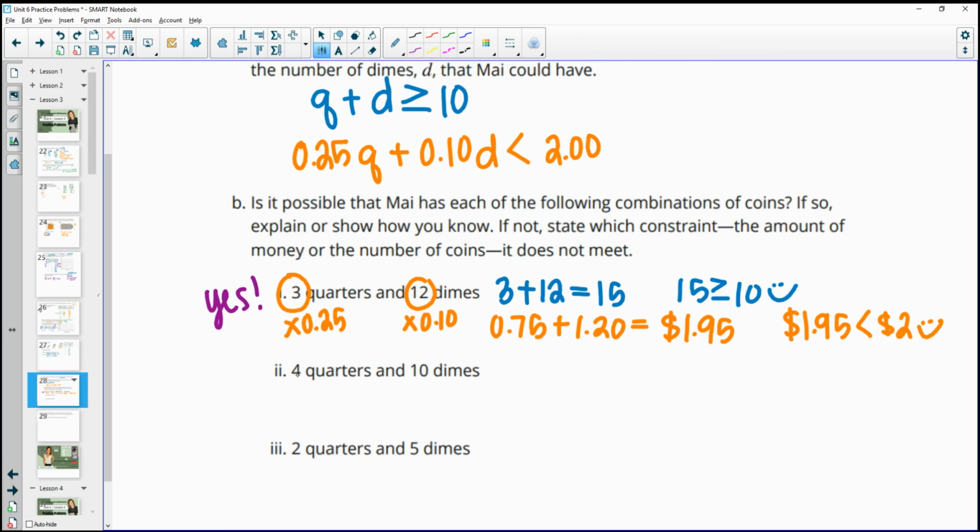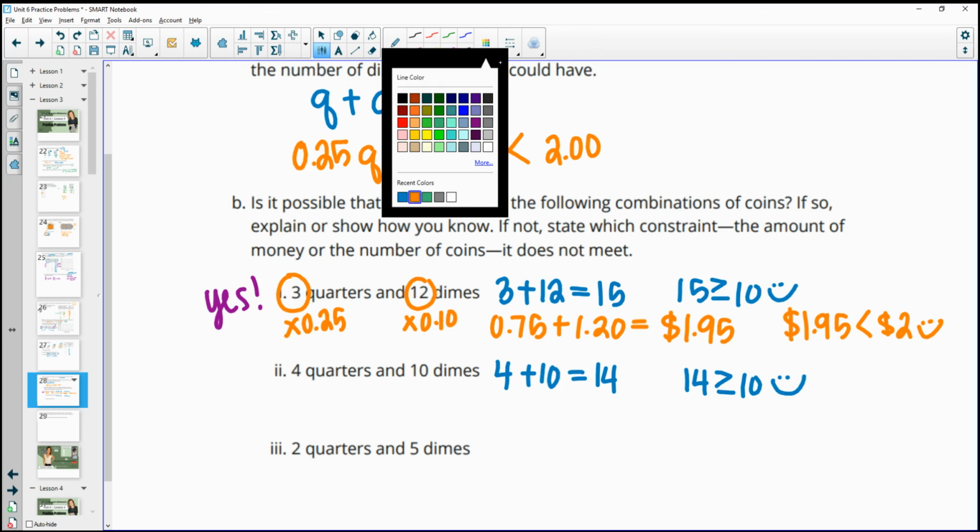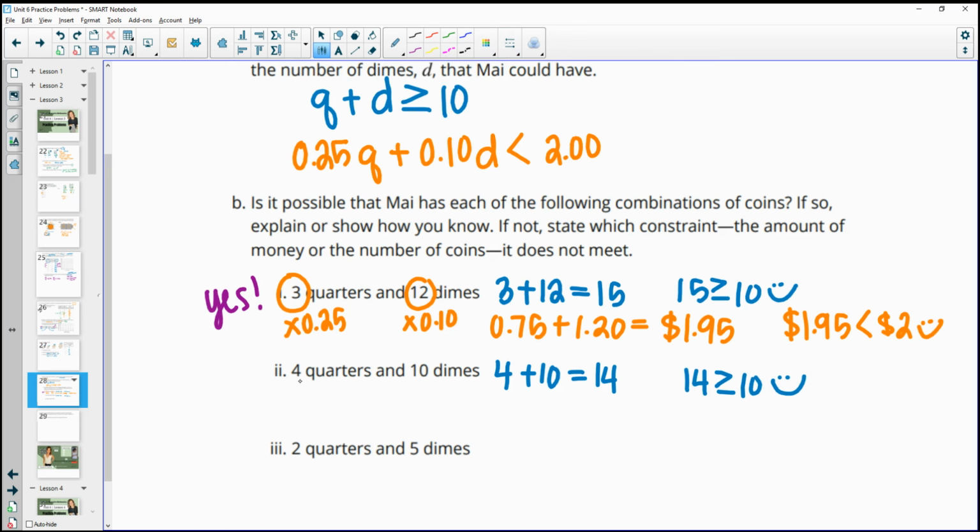Option 2 has 4 quarters and 10 dimes, which equals 14 total coins. 14 is greater than or equal to 10 coins. So we satisfy the first stipulation. Then we need to look at the value. So 4 quarters is worth $1. And then 10 dimes, so if we multiply 10 times 10 cents, that's also $1, which gives us a total of $2 in coins.